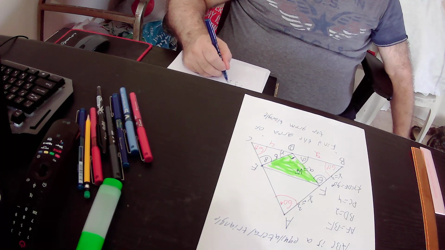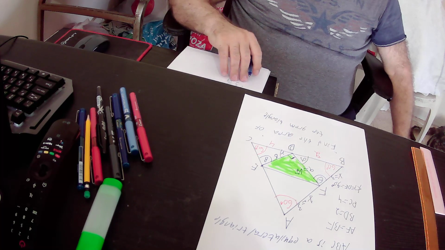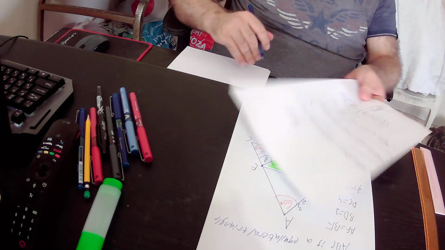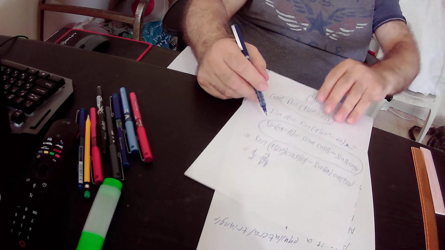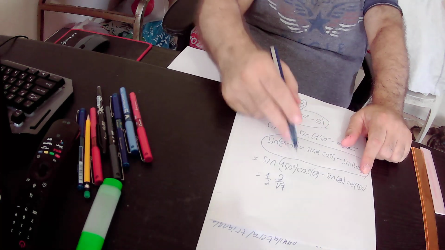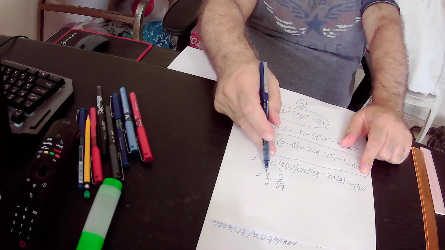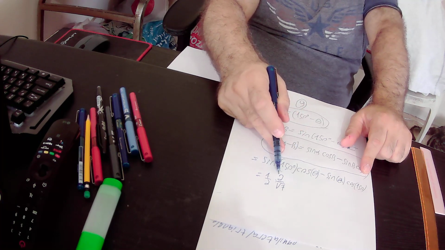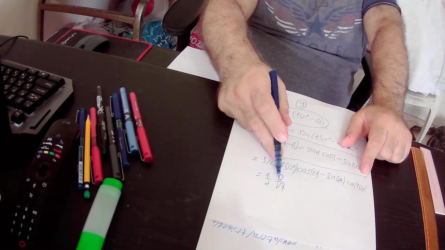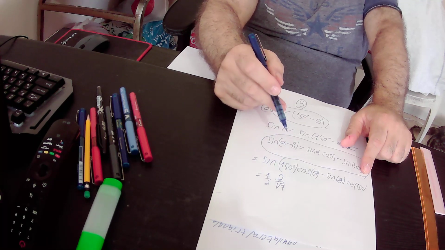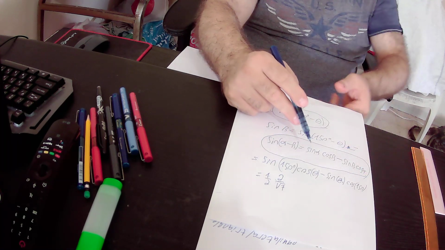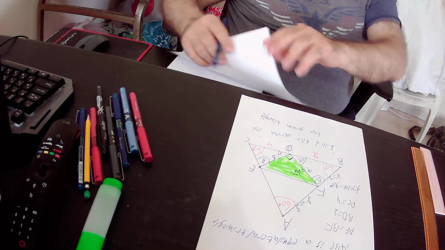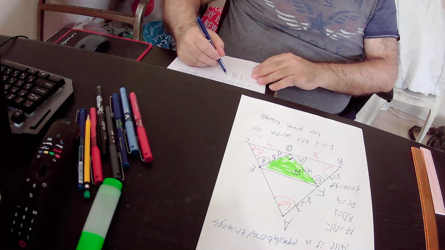Okay, so here sinus of 150 degrees is 1/2 and cosinus theta equals 2/√7. Okay, then we have also minus sinus theta.